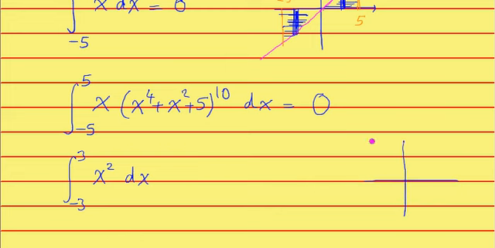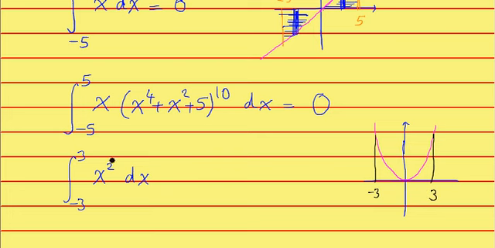Again, the problem is simple enough for you to just go ahead and do it without being concerned about the symmetry, but the idea helps later on when we are dealing with more complicated problems, especially in 3 dimensions. The region of integration is from -3 to 3.